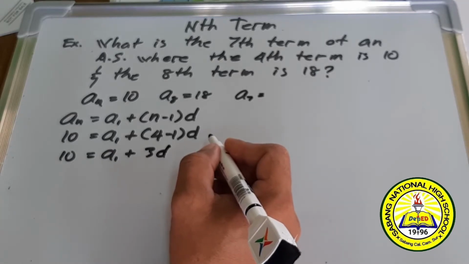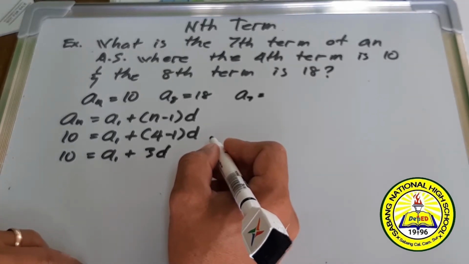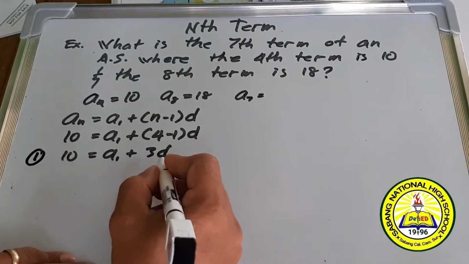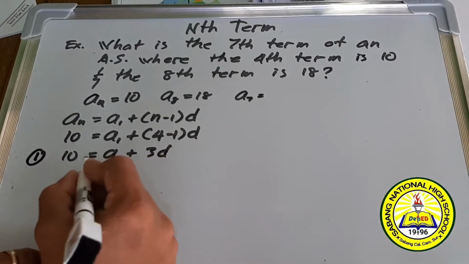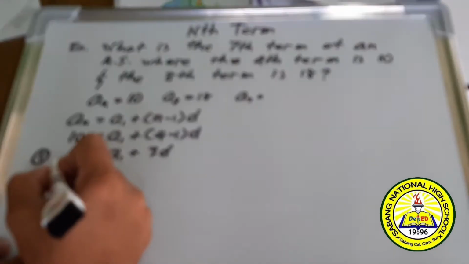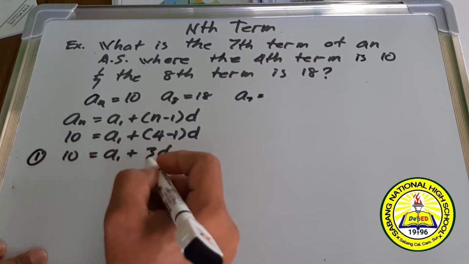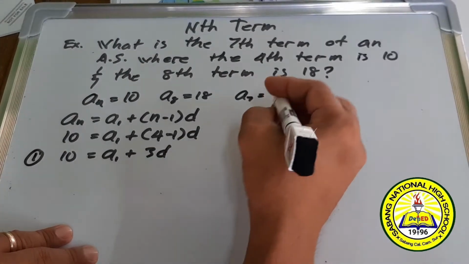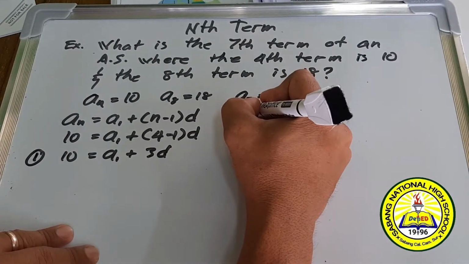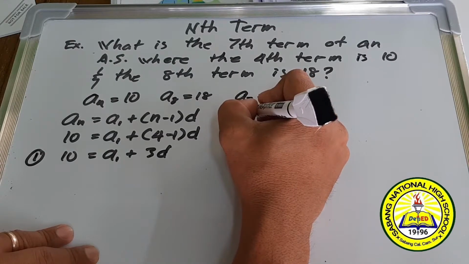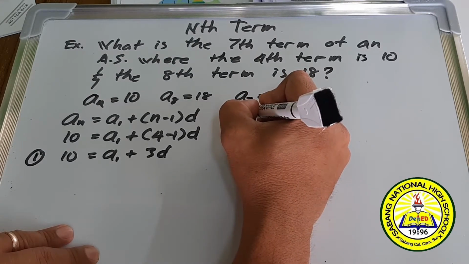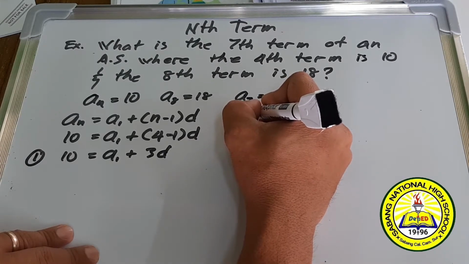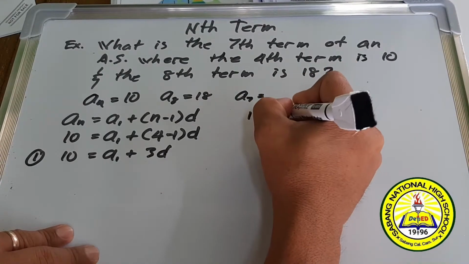To find the value of two variables, we are going to have one more formula. Our first formula is that 10 is equal to a sub 1 plus 3d. Next, we also know that a sub 8 is equal to 18. So we are going to change a sub 8 with 18.